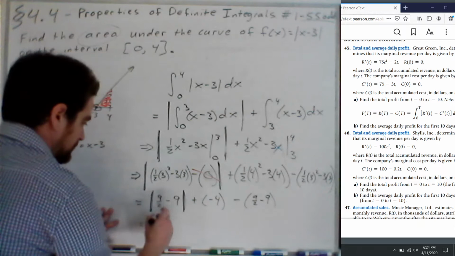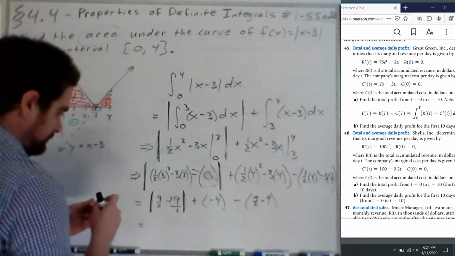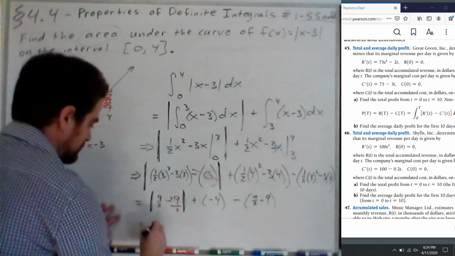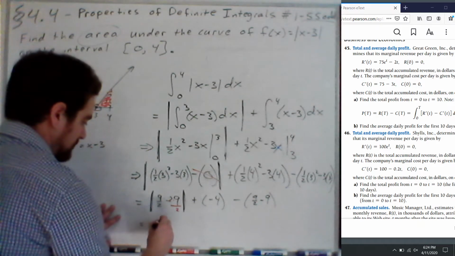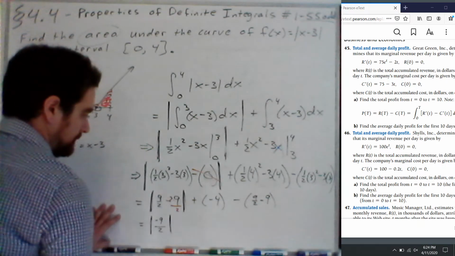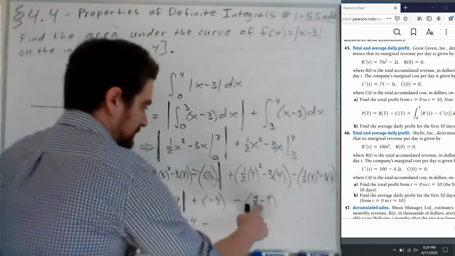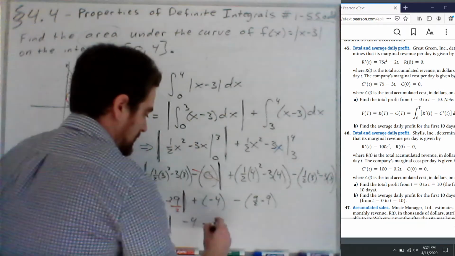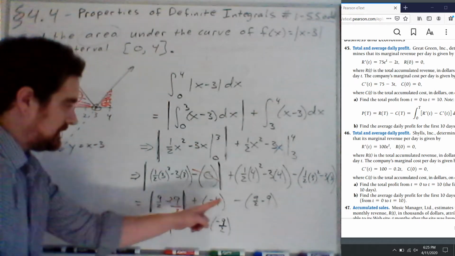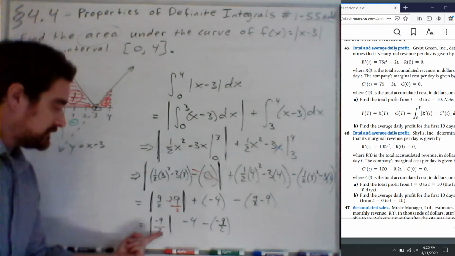So common denominator, let's write it out. 9 minus 18, all divided by 2. Well, that's just negative 9/2. But I need the absolute value. Minus 4 minus, we already figured out that that's negative 9/2, because it's the same computation as over here. So now I take the positive version of that.